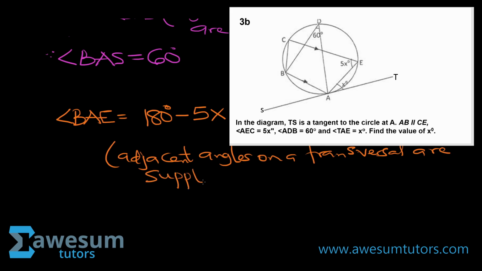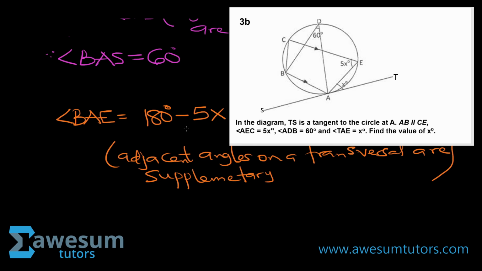And we said that if you say they are supplementary, it means equal to 180 degrees. So that means angle BAE equals 180 degrees minus 5x.